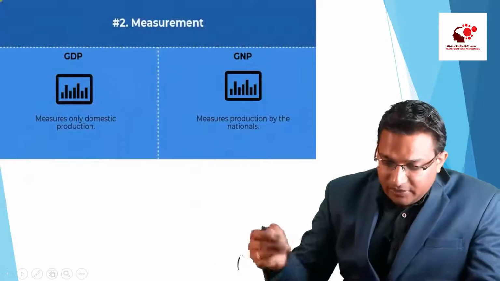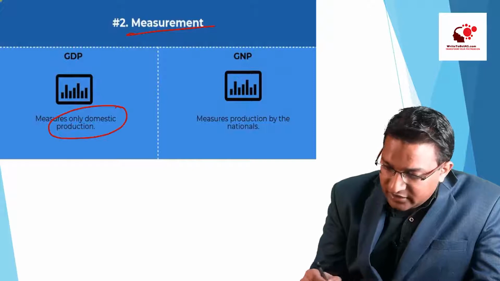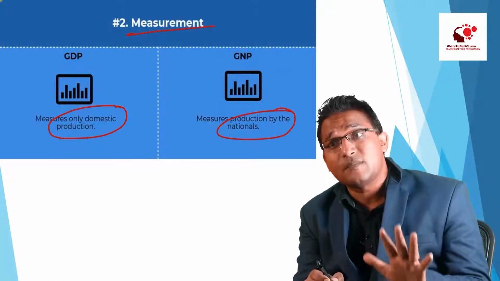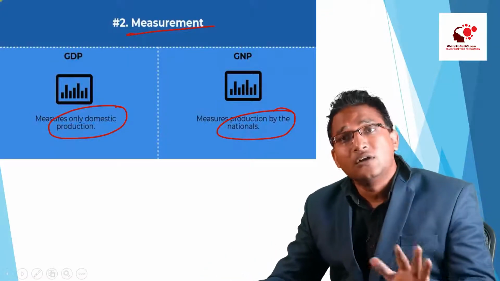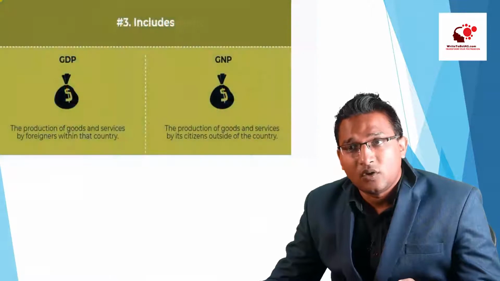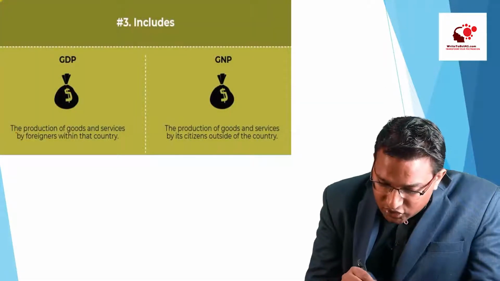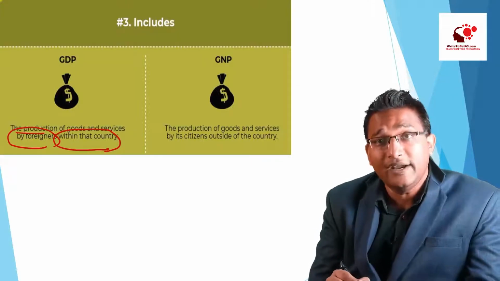Next, GDP measurement. It measures only domestic production. GNP measures the production by the nationals, irrespective of whether this is domestic or non-domestic. What does GDP include? GDP includes the production of foreigners within that country, right?